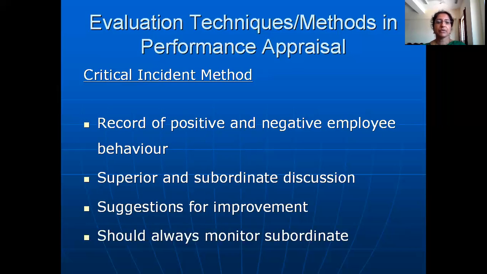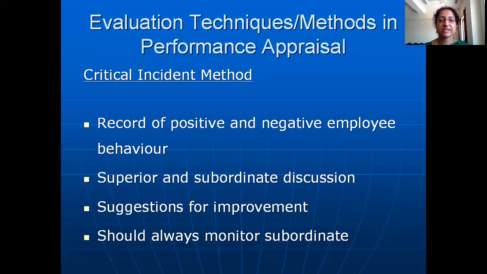For a duration of 6 months, this supervisor will keep observing the employee's behavior and make a record of all the positive and the negative behaviors of the employees in terms of their work, and every 6 months a discussion will be carried out between the supervisor and the employee.